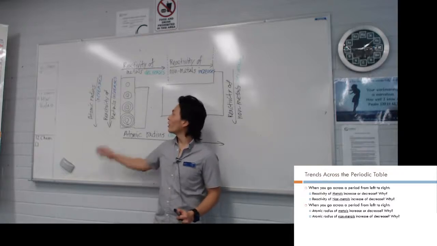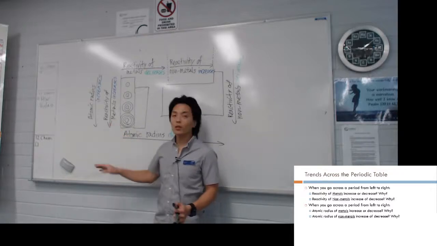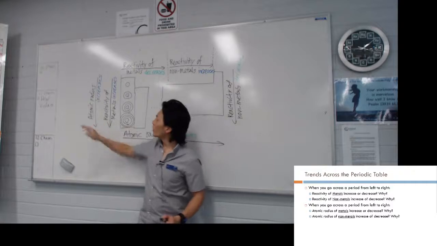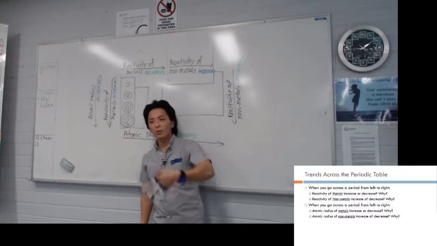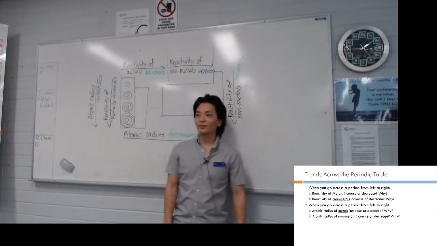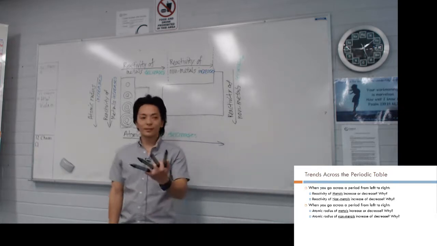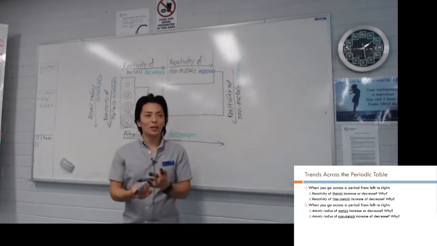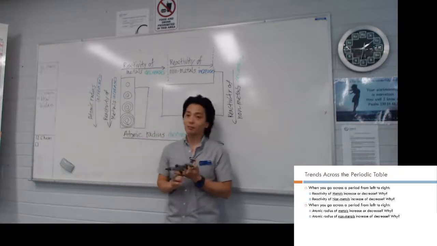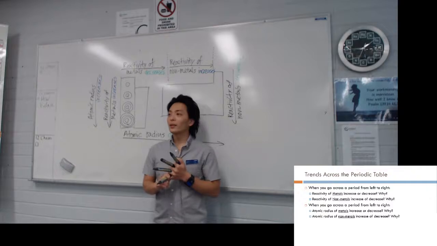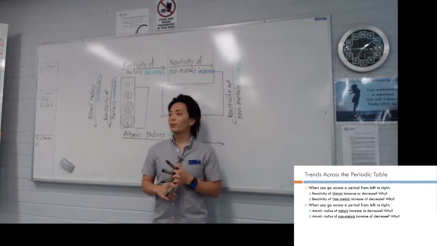So I would write: reactivity of metals increases as you go down the group because atomic radius increases. Meaning what? Atoms are becoming bigger, which is also changing the distance.